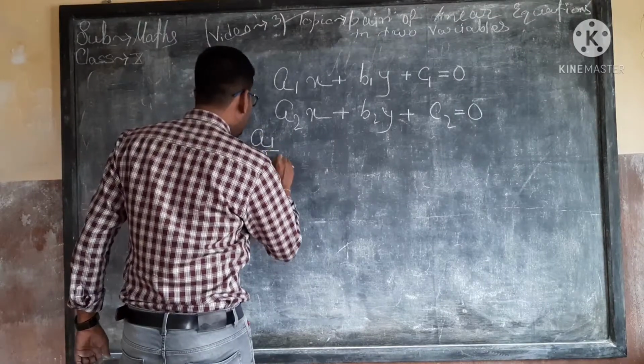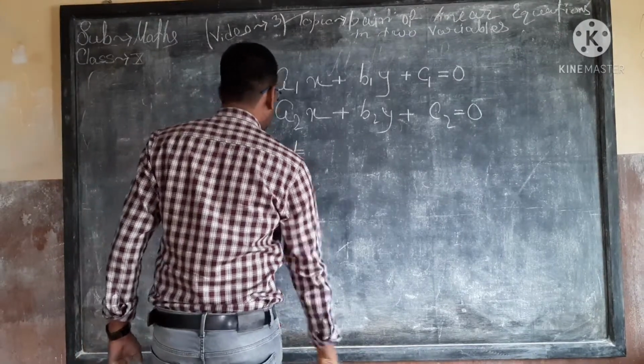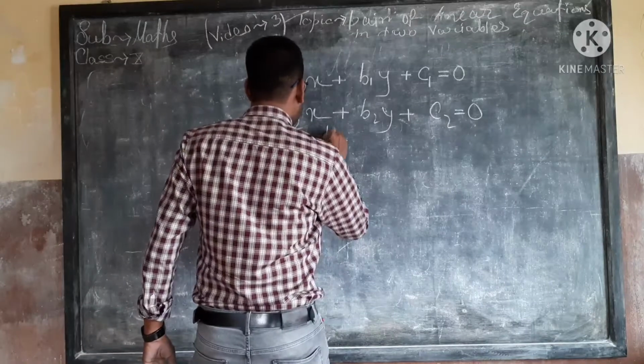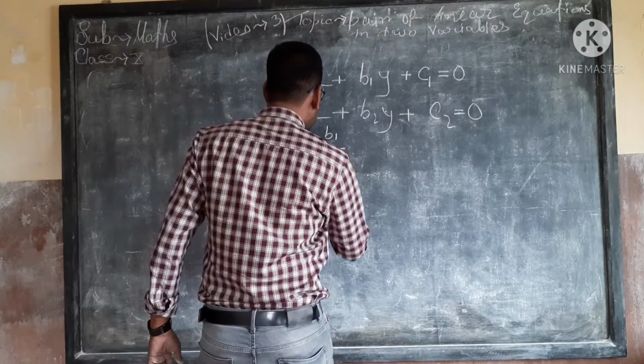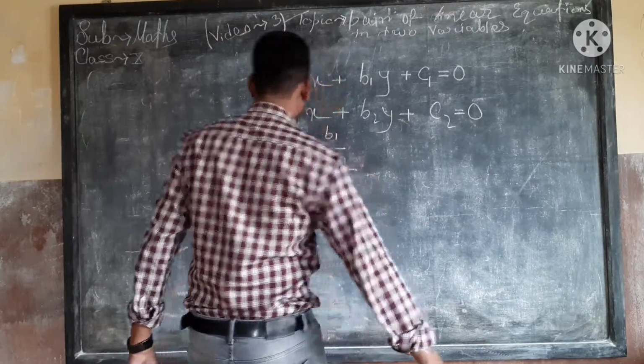So how to determine? This is the first condition: A1 by A2 is not equal to B1 by B2.